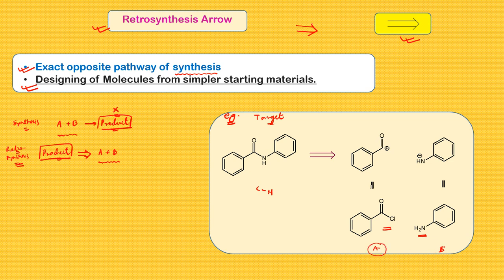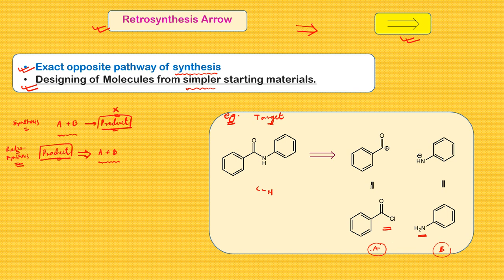For example, in other cases, A and B may be complex molecules. Again, we need to think about how A can be synthesized or how B can be synthesized. So we need to keep on doing this until we reach the simplest possible reagents.